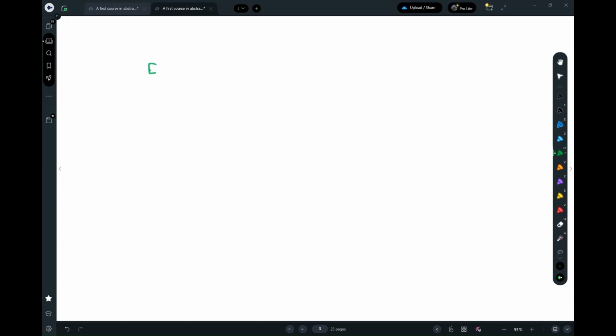So here is an example. I'm going to write two groups by their Cayley table. So one that we know is Z modulo 4Z under addition. Their Cayley table is 0, 1, 2, 3 across the top.